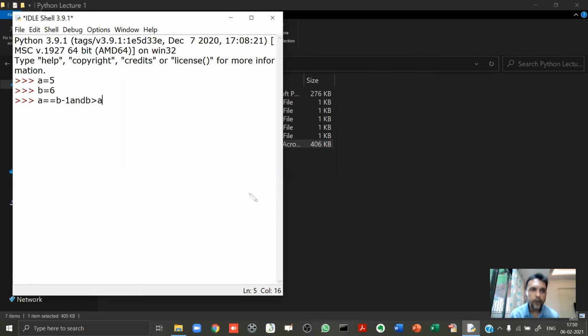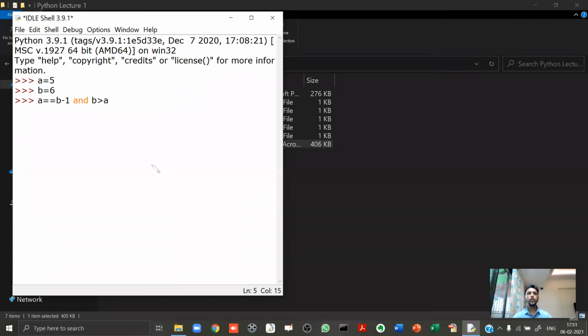Now guys, I want you to spare a few seconds and think how it will work. Come on, just think how it is going to work. You give one space before and after and. As you see right now, the word and is in red color, which means it is a keyword in Python.